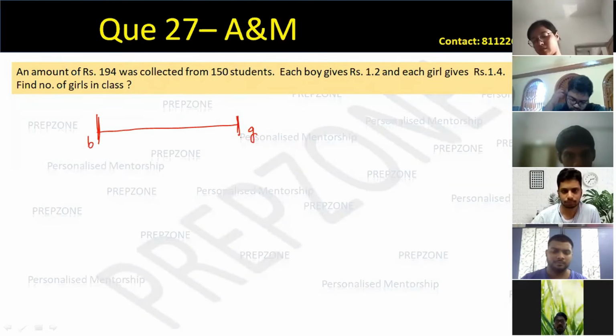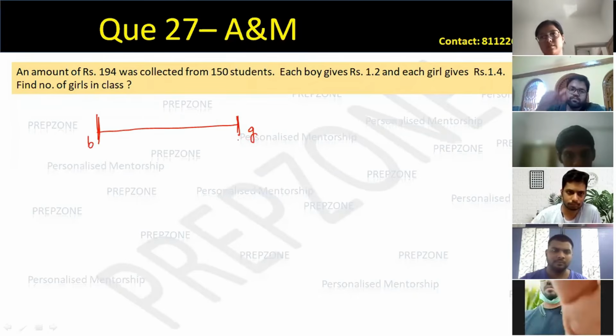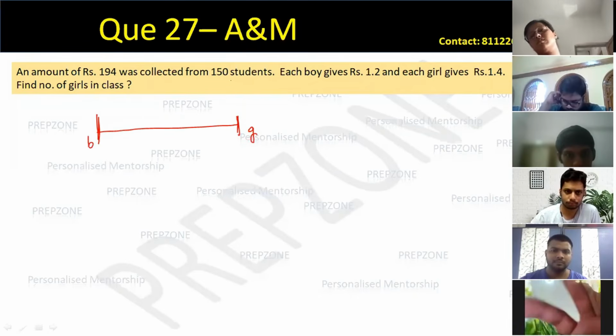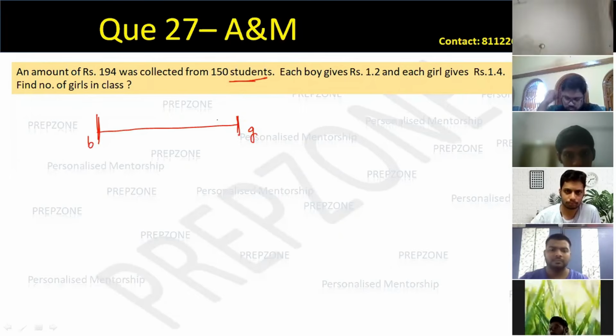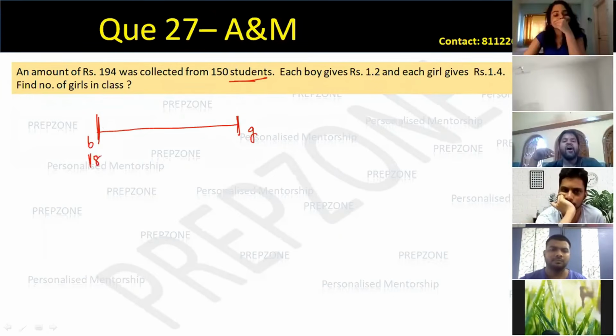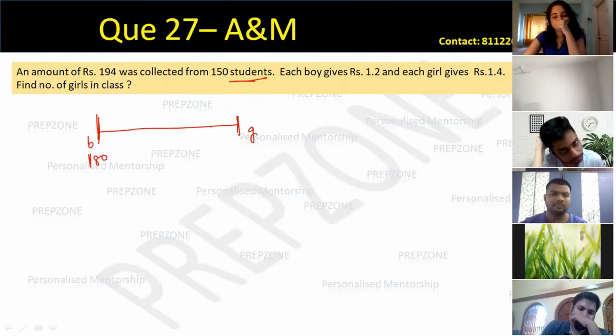So if you would have collected the amount, let's say all 150 students are boys, then what will be their contribution? 1.2 into 150. So it will be 180 if I have all boys, and if I have all girls, it will be 1.4 into 150, which is 150 plus 60, it is 210.